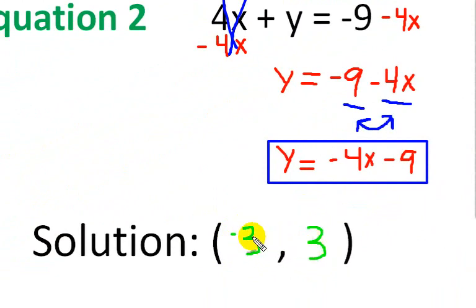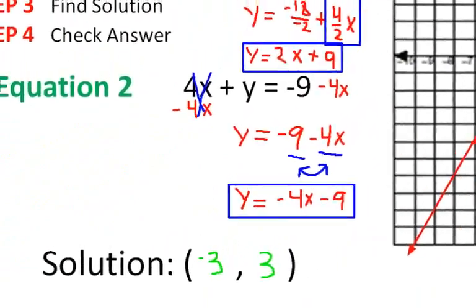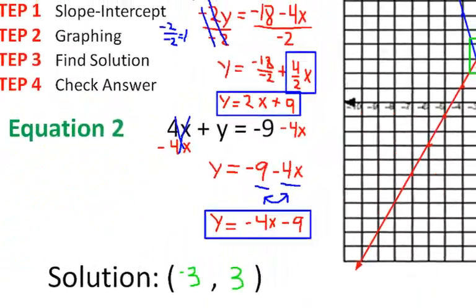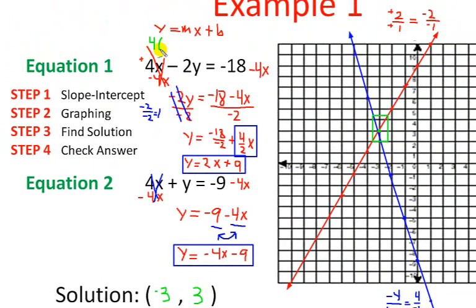Okay, so now if I wanted to check this in the original equations, I could plug them in. So right here I have 4 times x, which is going to be negative 3, minus 2y, which is 3.